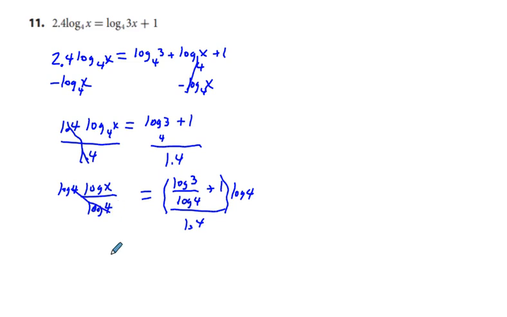We have left over log x is equal to log of 4 times log of 3 over log of 4 plus 1, and it's going to be all over 1.4.